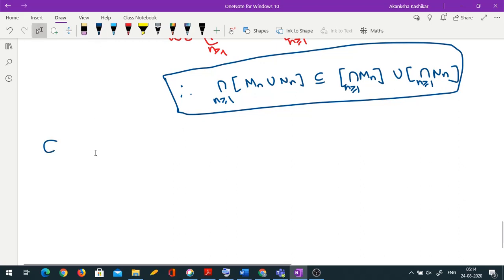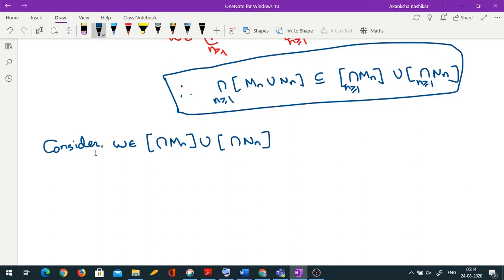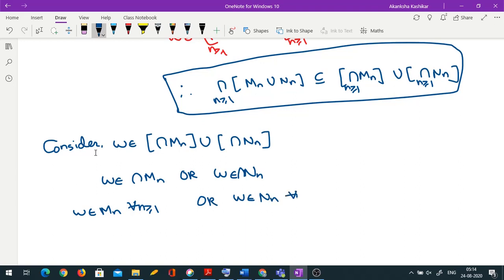So now consider omega belonging to the intersection of Mn union the intersection of Nn. What does it mean? It means omega belongs to the intersection of Mn or omega belongs to the intersection of Nn. So this means omega belongs to Mn for every n or omega belongs to Nn for every n.